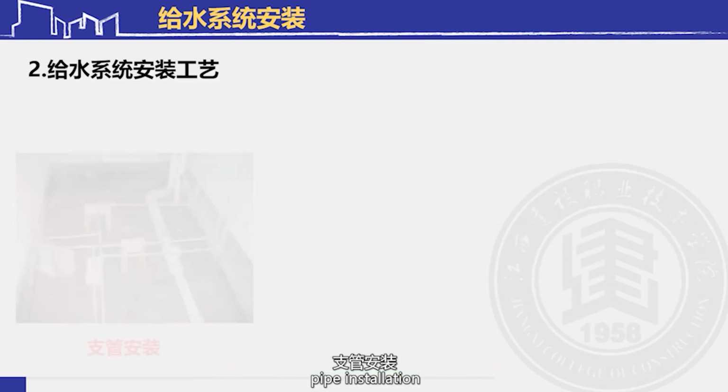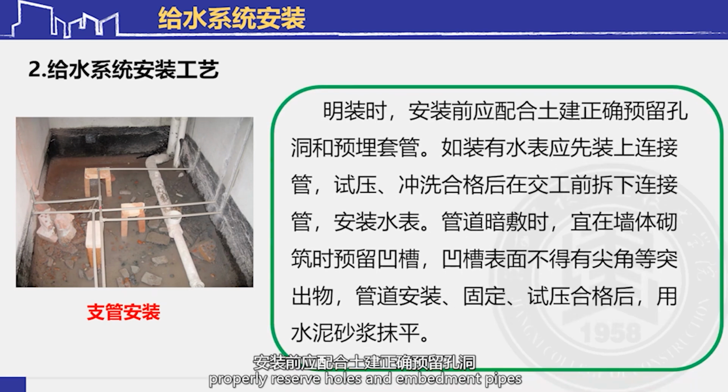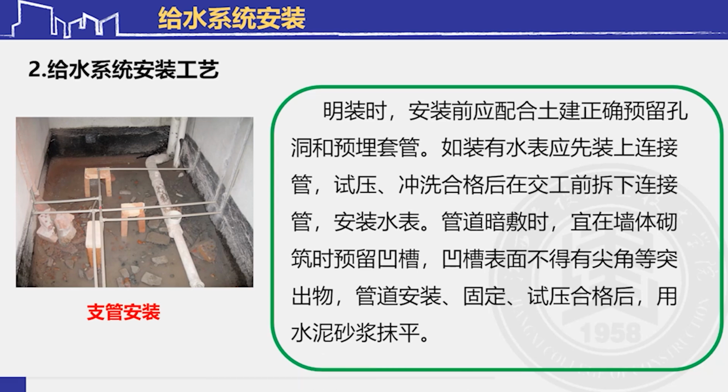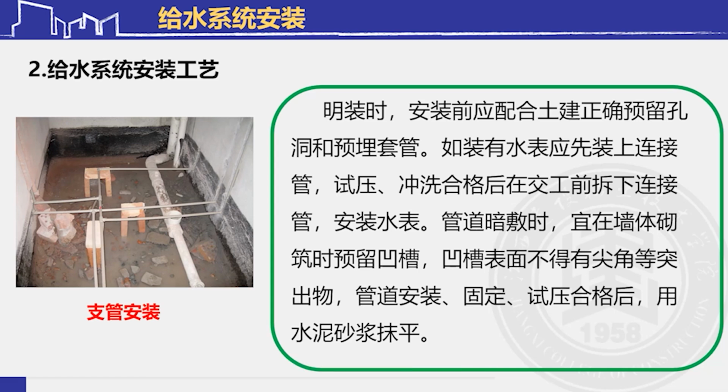Pipe installation. For open installation, properly reserve holes and embedment pipes for civil construction before installation. If the water meter is installed, the connecting pipe should be installed first, and the connecting pipe should be removed before delivery, after the pressure test and flushing is qualified.